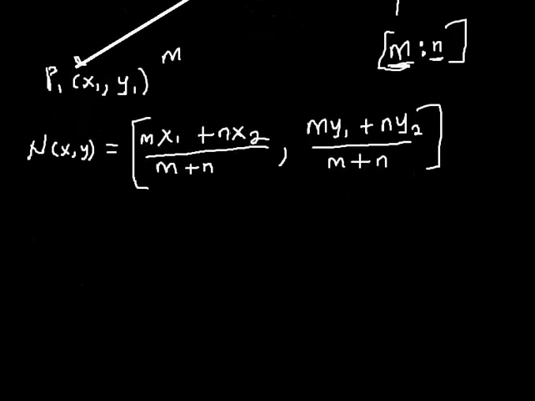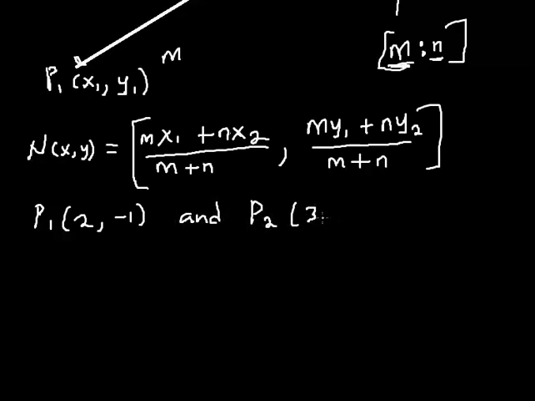For example, P1 is 2 comma minus 1, and of course P2 is 3 comma minus 3. Okay, so let's roll with the coordinates.